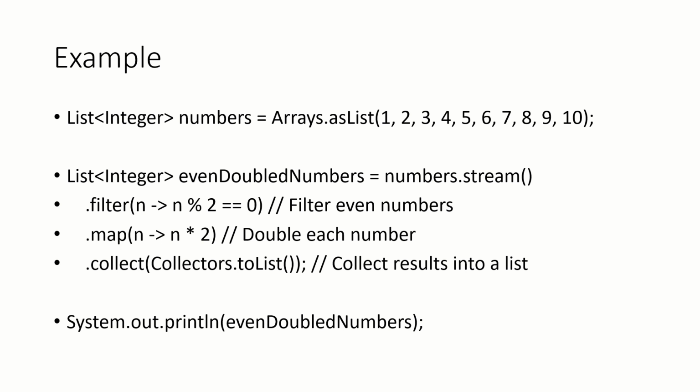Then we apply the second intermediate operation, which is map, and we transform the stream of even numbers and make them double. Then we simply apply the terminal operation, which is collect, collecting that into a list, storing the response into the even double numbers and then printing it out. So this is one example of the stream APIs, how you can play with them.